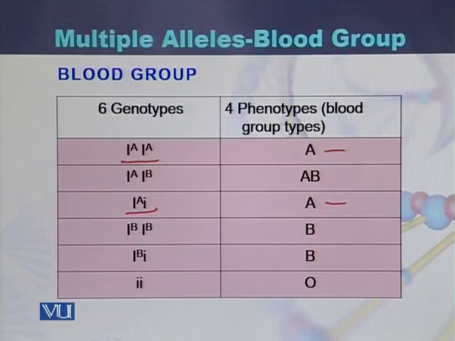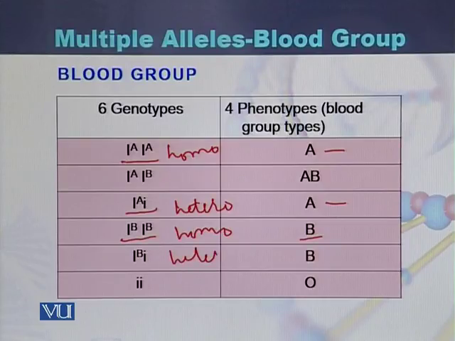So blood group A has two genotypes, one in homozygous form and one in heterozygous form. Same is with blood group B. Blood group B is in two forms, homozygous form and heterozygous form. Here we can see that both alleles are B and the blood group is B, and this is in homozygous form, and here B is in hetero form.